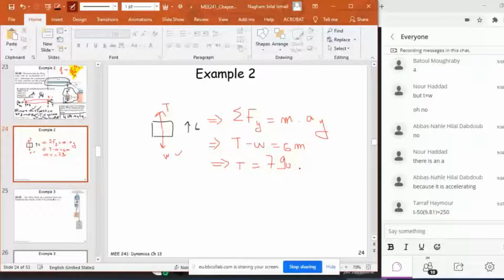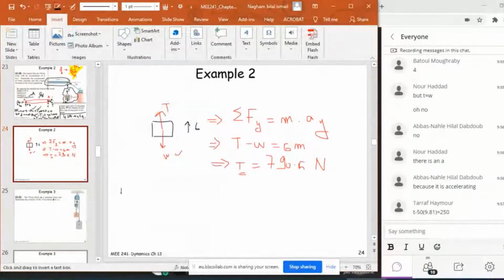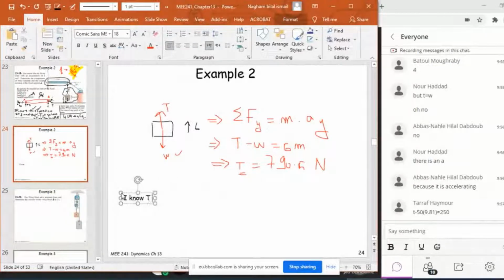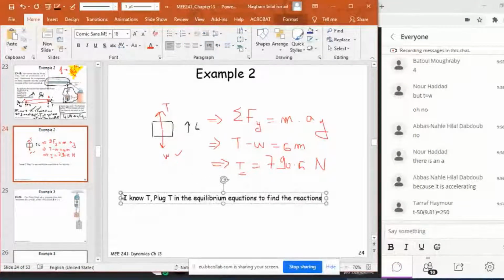All right, and once I know T, I can plug T in these two equations. So I know T now. I know T, plug T in the equilibrium equations to find the reactions, and you're gonna find these reactions right here.